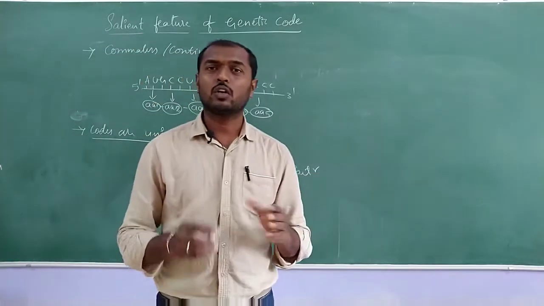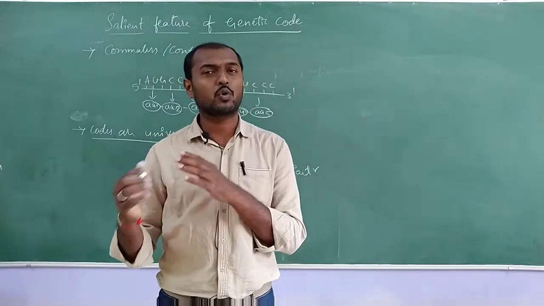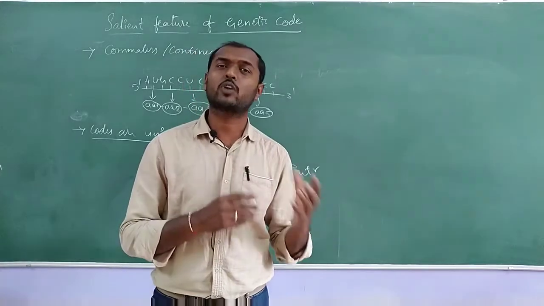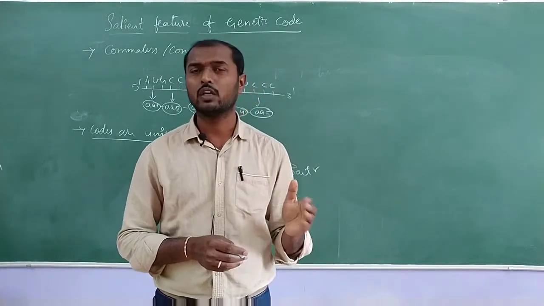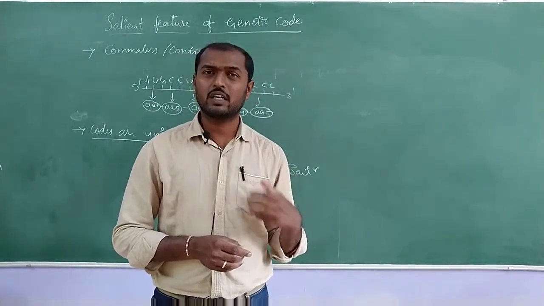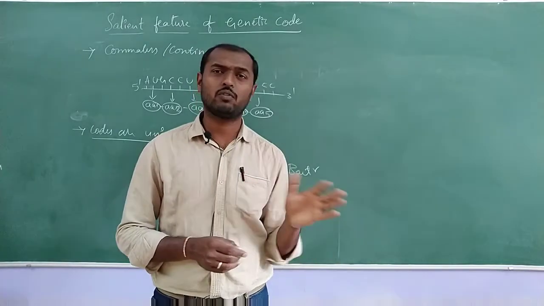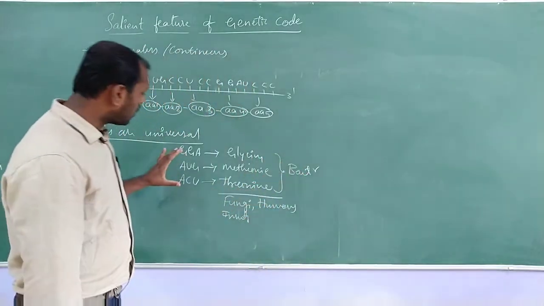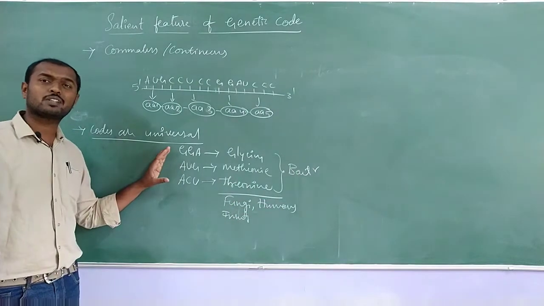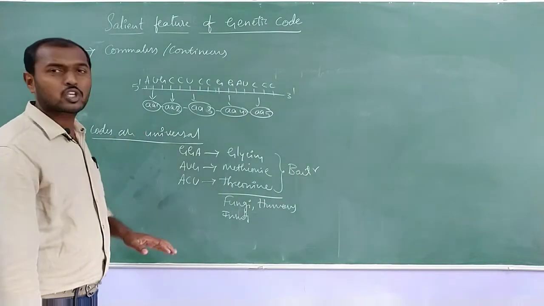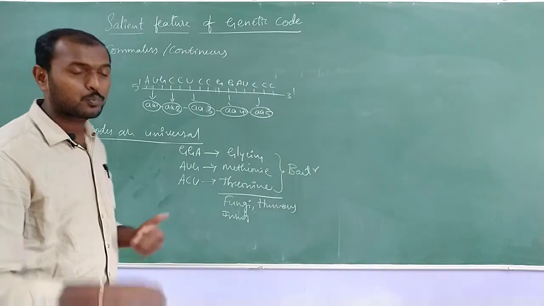The code may be present in a prokaryotic organism or a eukaryotic organism, in insects, fishes, whatever organism. So in all organisms the code will remain universal. There is no change of the code or its property.